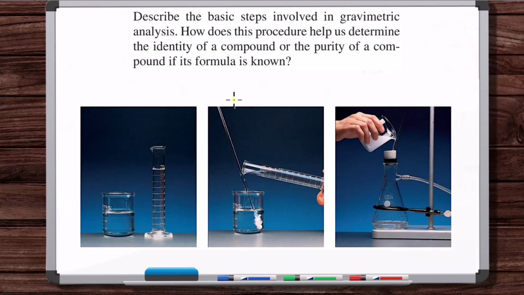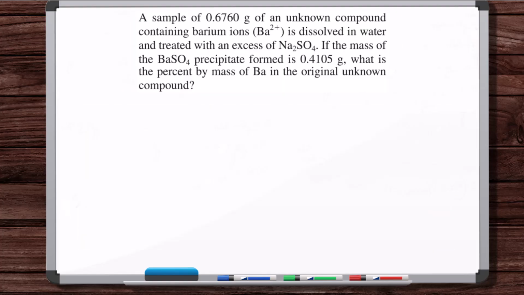And we'll be able to easily figure that out by comparing the percent composition by mass of whatever ion we experimentally determined with the precipitate to what we would exactly expect from the chemical formula of the beaker compound. But again, in this case, we're trying to analyze the composition of an unknown compound that we know contains barium.